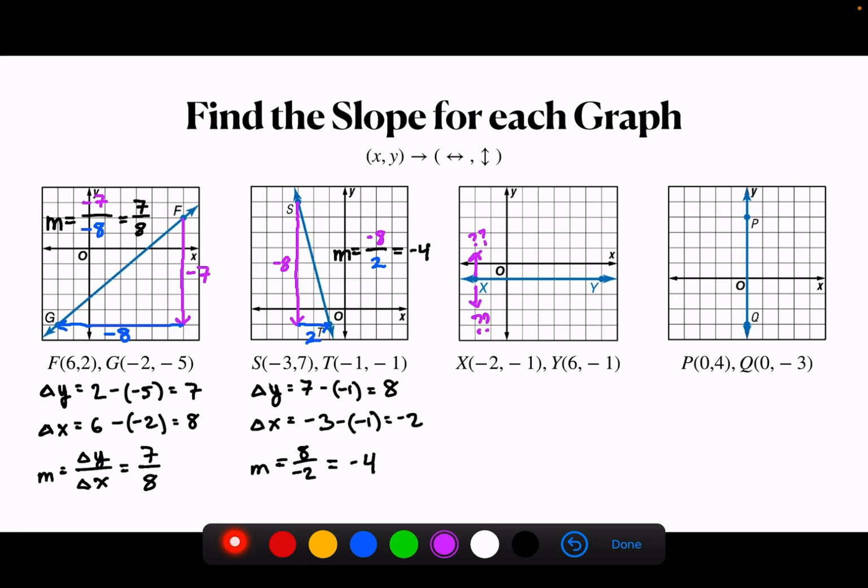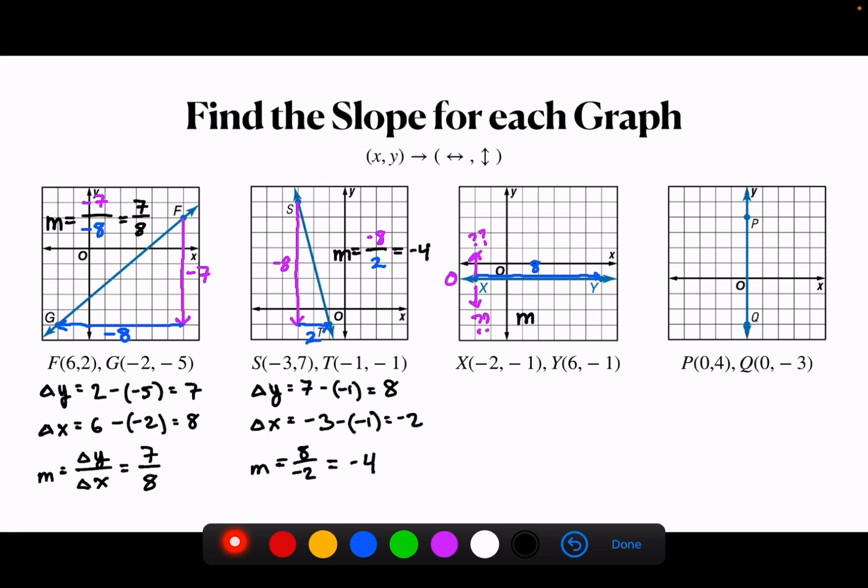So what this tells me is that we're essentially not moving at all. If we're not going up or down, our rise is 0. And therefore, when we move over to y, this is going to be 1, 2, 3, 4, 5, 6, 7, 8.